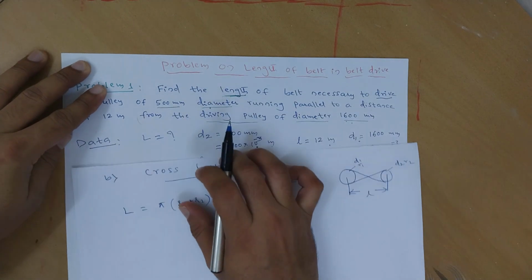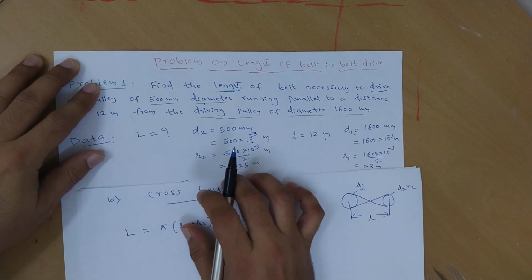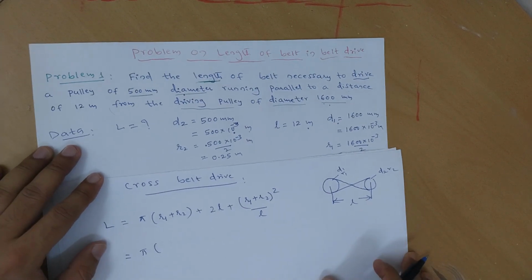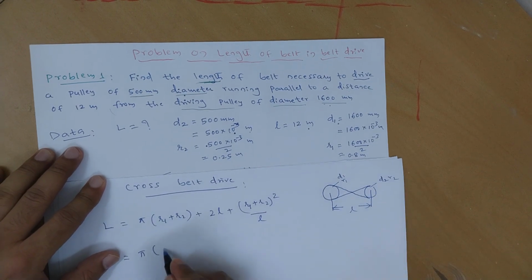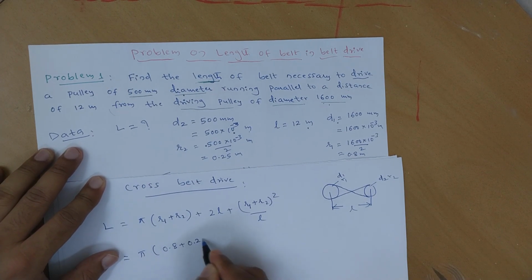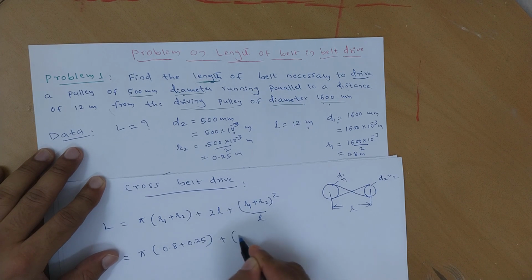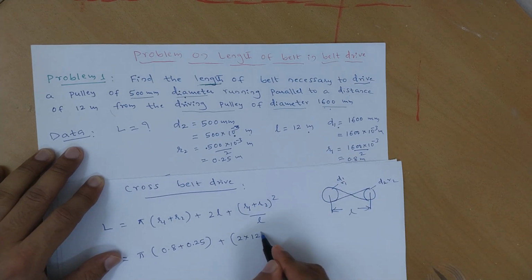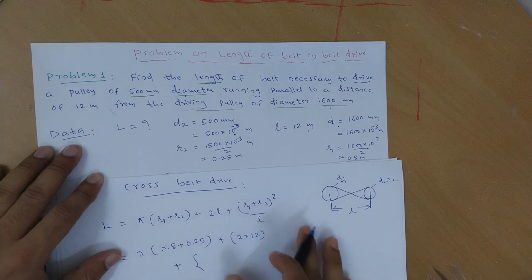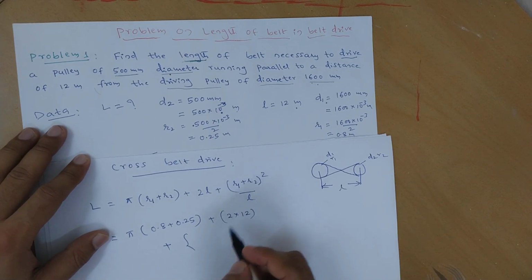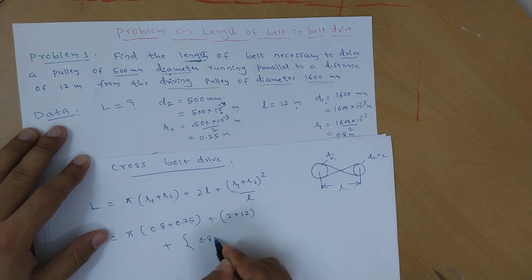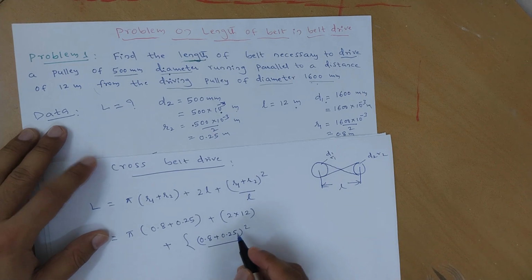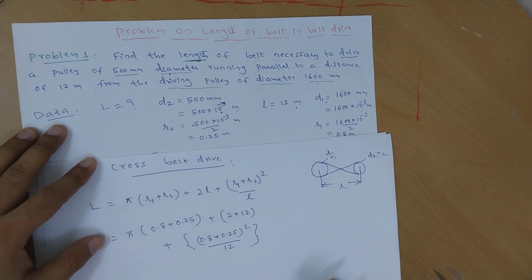This will be equal to pi into R1, 0.8, plus 0.25, plus 2 times the center distance, 12 meters, plus 0.8 plus 0.25 whole square divided by 12.